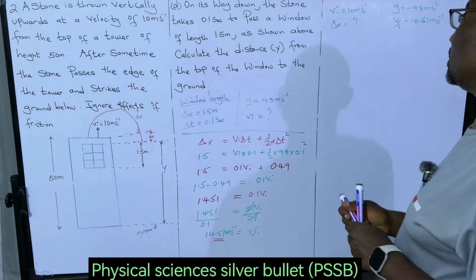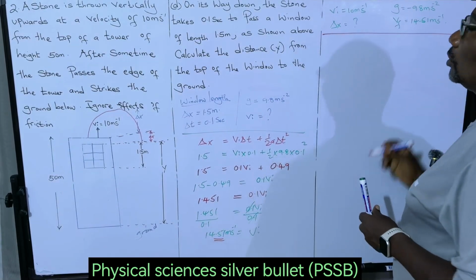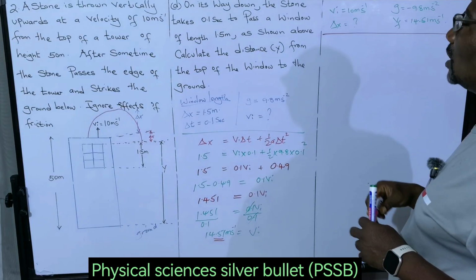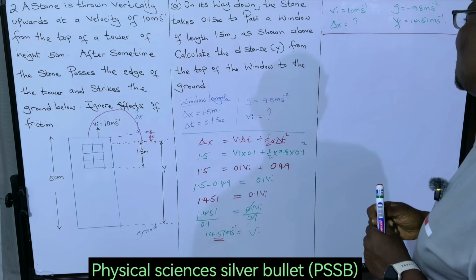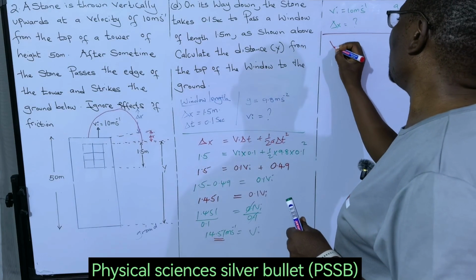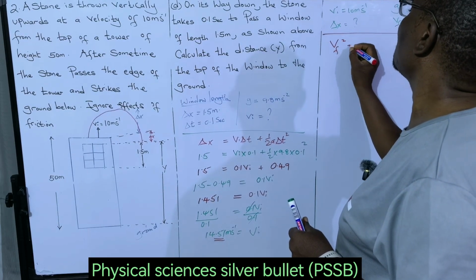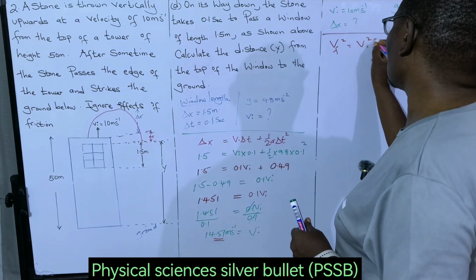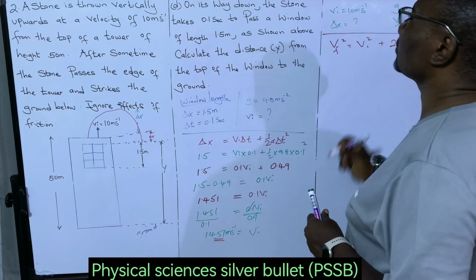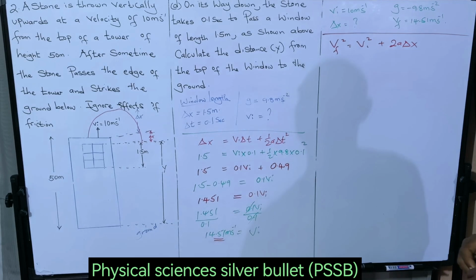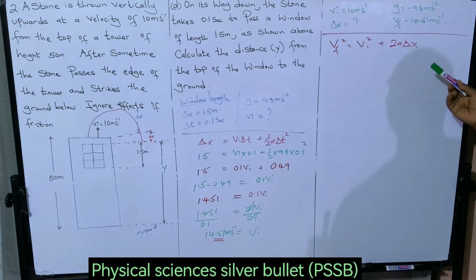So with this information, what do we do? We substitute. What is the best equation for this data? The equation is going to be VF squared equals VI squared plus 2a delta X, which some people call the second equation of motion.